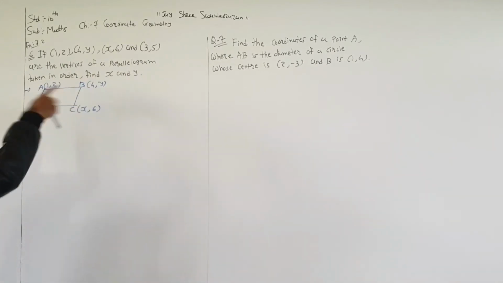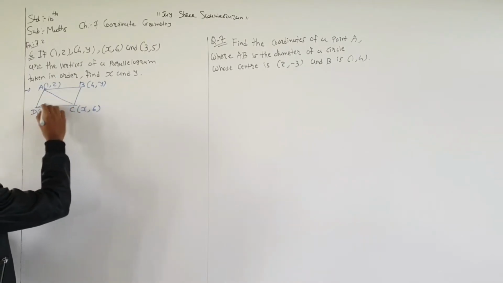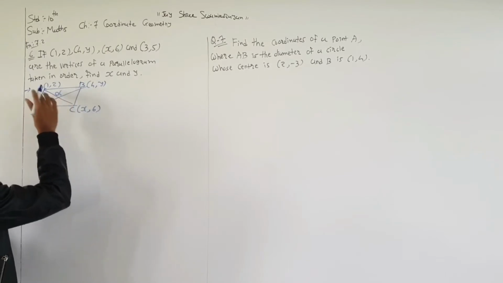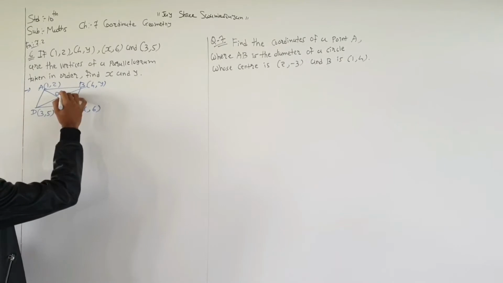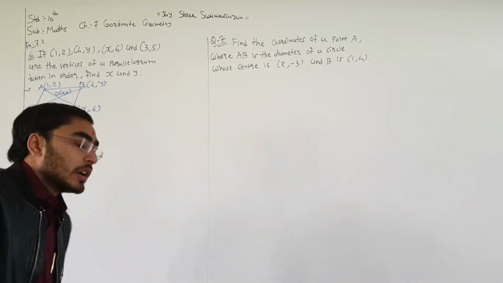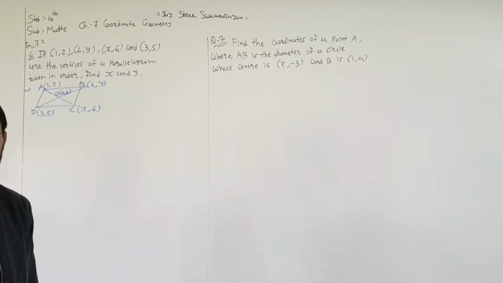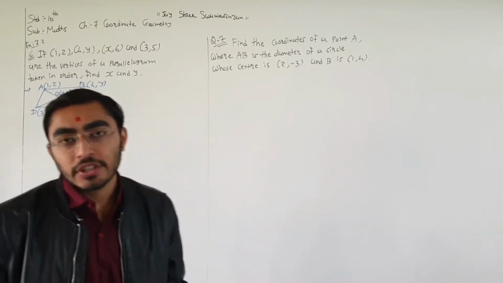That means this is one parallelogram. Now join the diagonals. Diagonals AC and BD intersect at O. Now use the property of parallelogram: in a parallelogram, diagonals bisect each other.